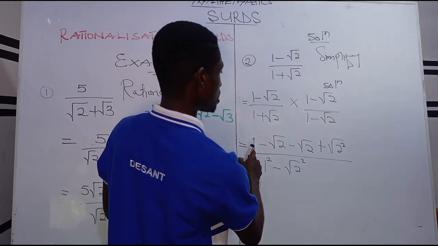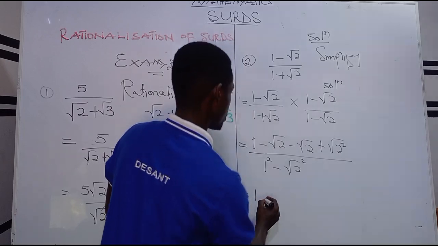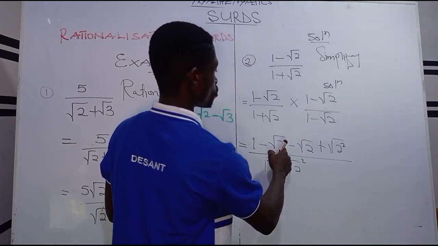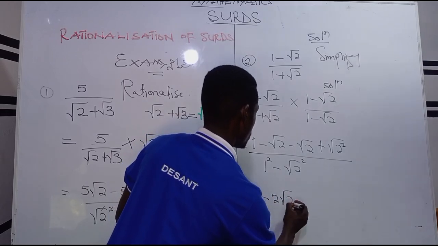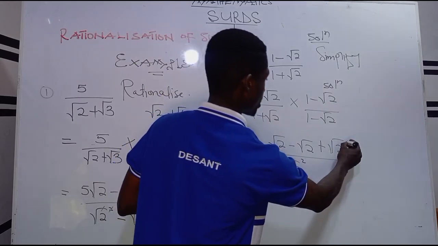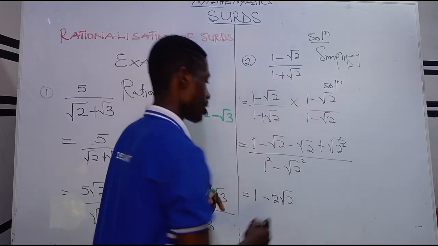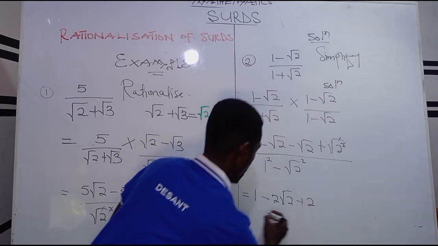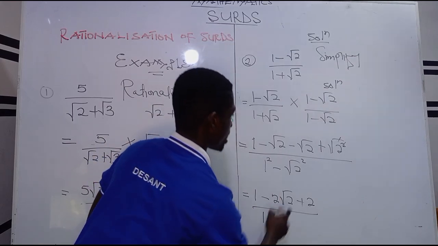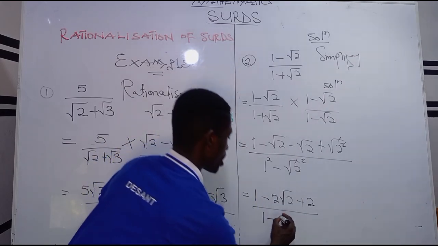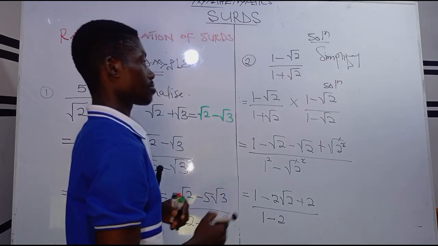So we are going to get 1 minus root 2 minus root 2 give us minus 2 root 2. And then this will cancel the radicals and we are left with what? Plus 2 all over. 1 square will give us 1 minus this will cancel the radicals and we are left with what? 2. Good.